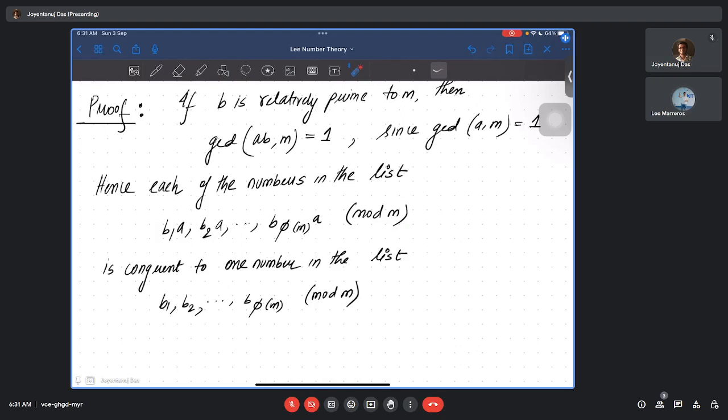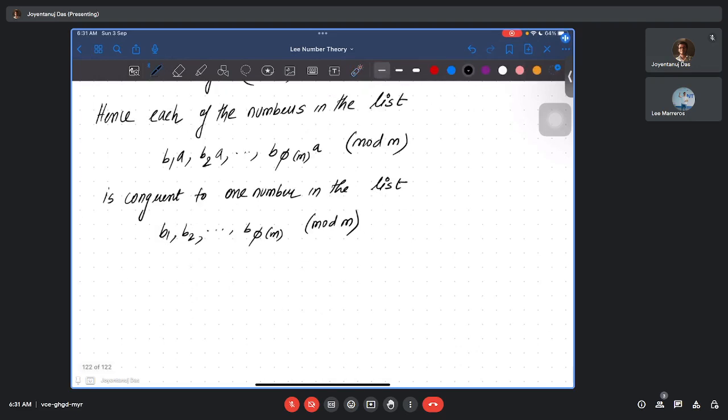Till now we have shown congruent, not that they are the same, so we have to prove that they are the same. We also know that each list has phi(M) numbers.